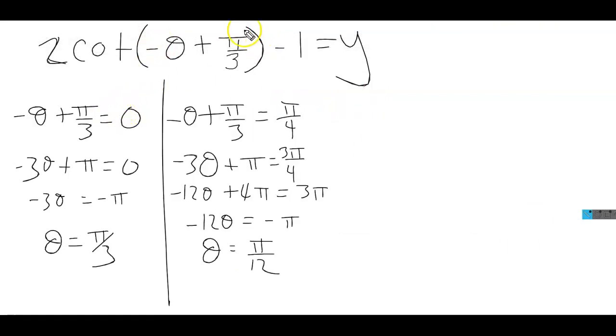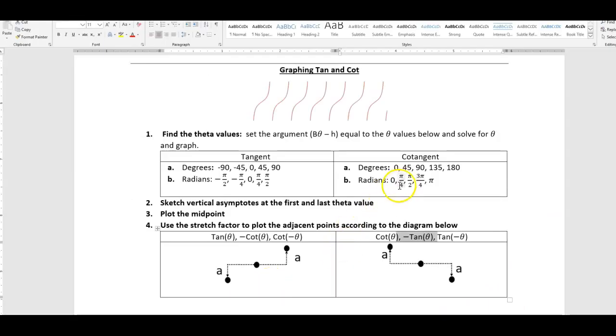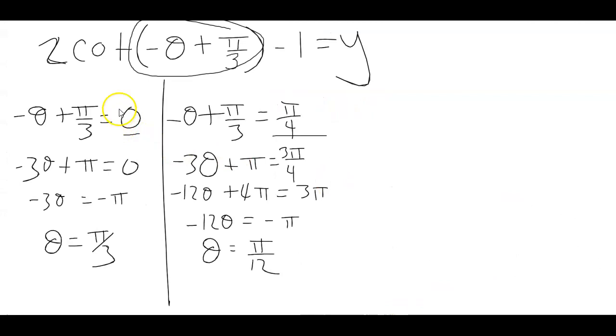You'll notice that I took my argument here and set it equal to 0 and pi over 4, because when you're dealing with cotangents, those are the first 2 angles you use, 0 and pi over 4. Okay. The next thing we did from there is we solved for theta. My first angle came out to be pi over 3, and my next one was pi over 12.